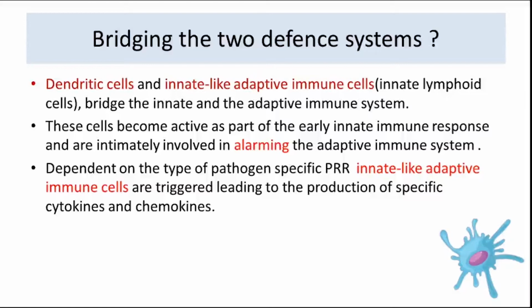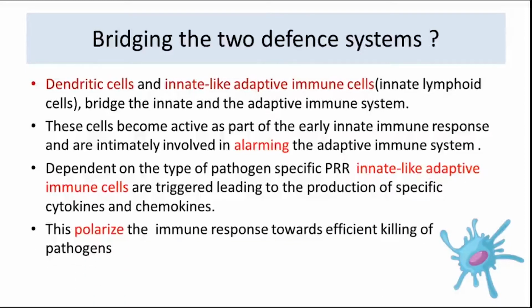Depending on the type of the pathogen, through a specific pathogen recognition receptor, innate-like adaptive immune cells are triggered, leading to the production of specific cytokines and chemokines. And this production polarizes the immune response towards efficient killing of the pathogen. So these two cells, the dendritic cell and innate-like adaptive immune cells, are part of the innate immunity.